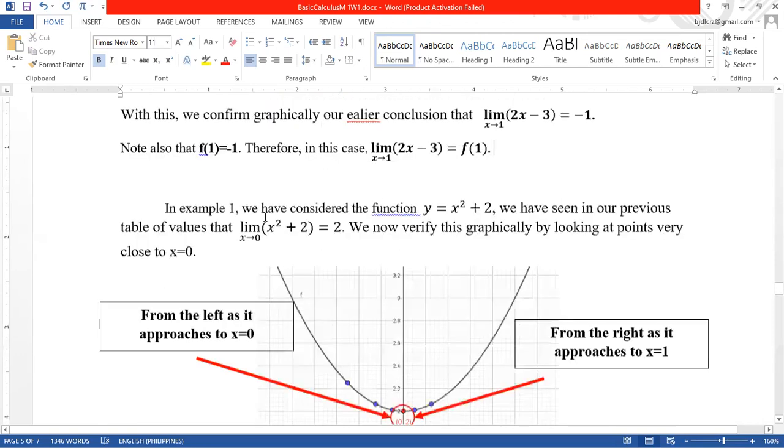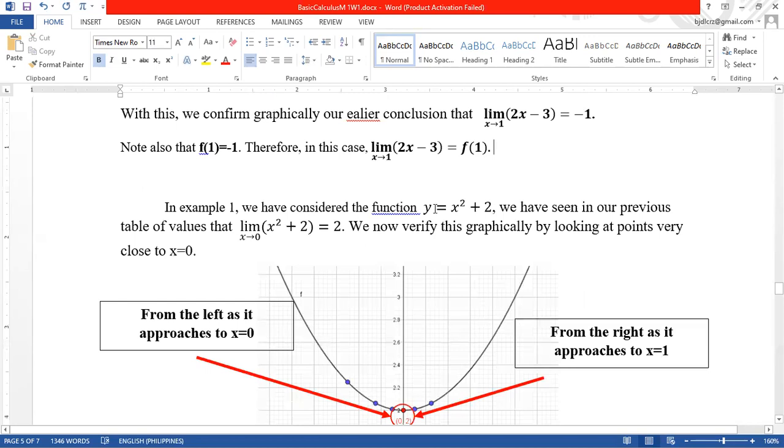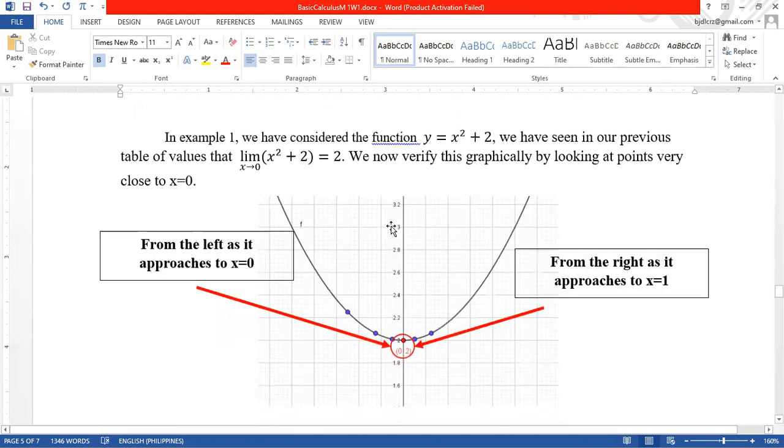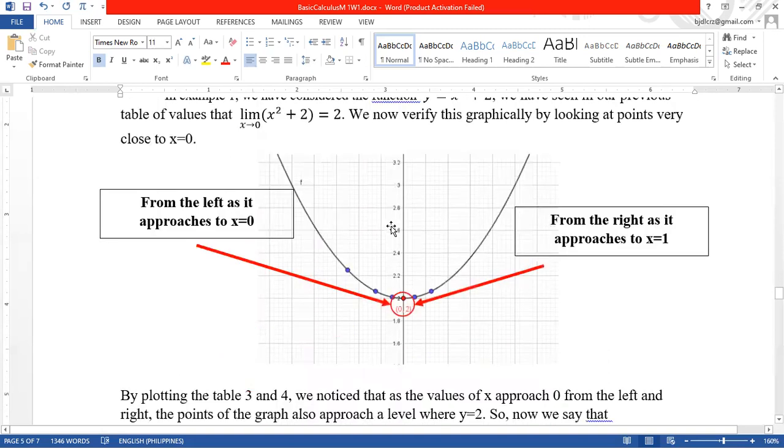So in example 1, we have considered the function y is equal to x squared plus 2. We have seen in our previous table of values that the limit of x squared plus 2 as x approaches 0 is equal to 2. We now verify graphically by looking at the points very close to x equal to 0.